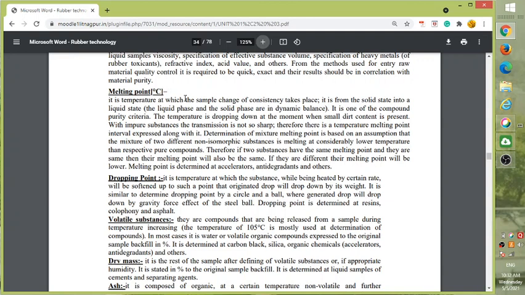Non-isomorphic substances are not having the same crystalline structure.